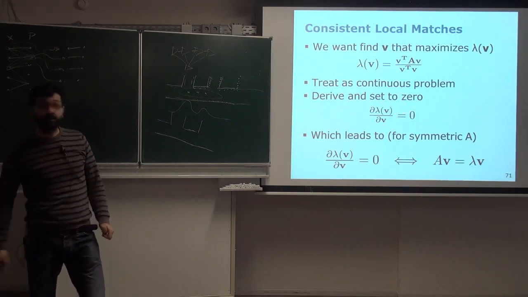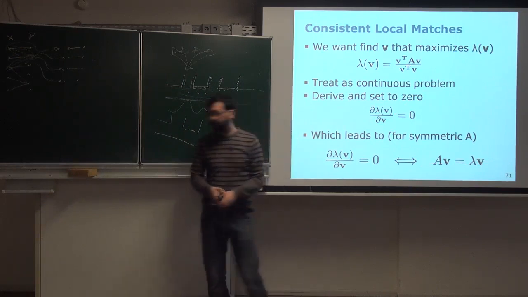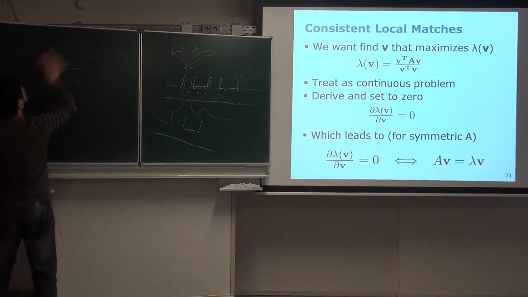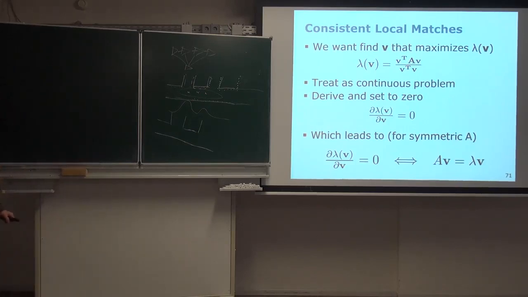because if we take the gradient and we put it to 0, we end up in an eigenvalue problem. So this one is an eigenvalue problem. We can easily derive it if you want. We assume A is symmetric, so the derivative gets actually easier. But let's say we take the gradient of the thing with respect to V. So the upper part, this will be AV.